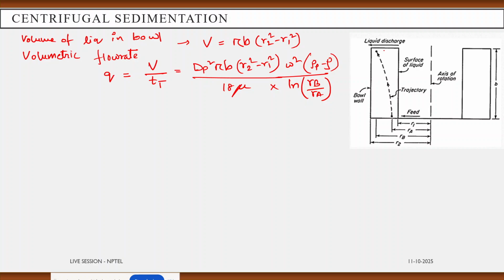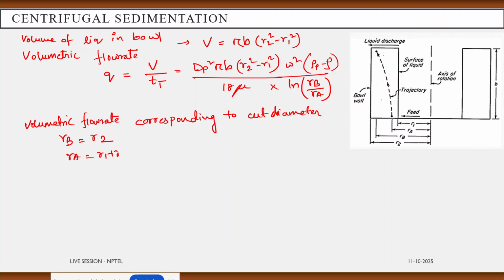So for the volumetric flow rate corresponding to cut diameter, Rb equals R2 and Ra equals (R1 plus R2) by 2.